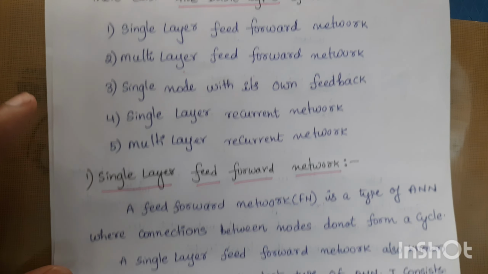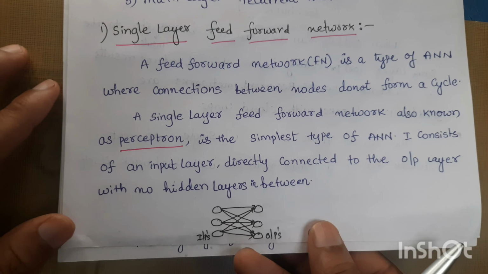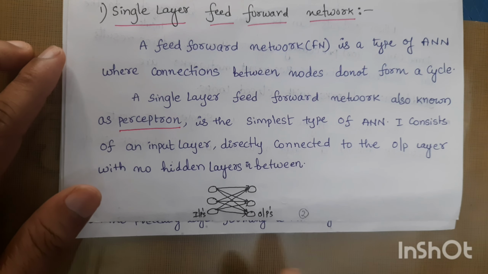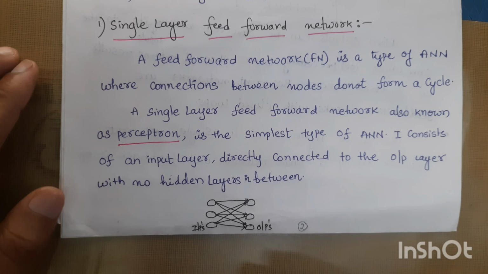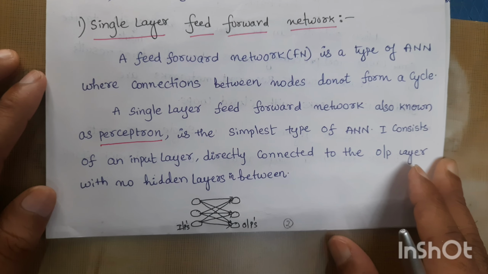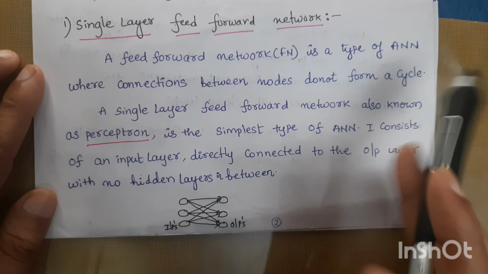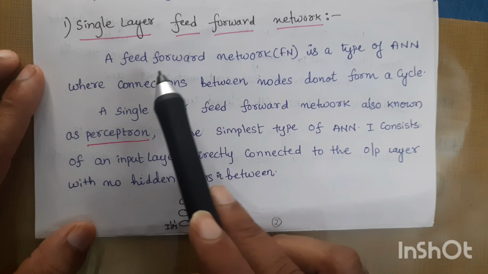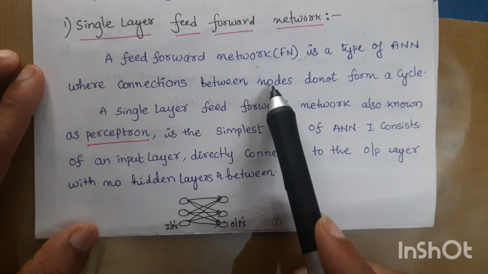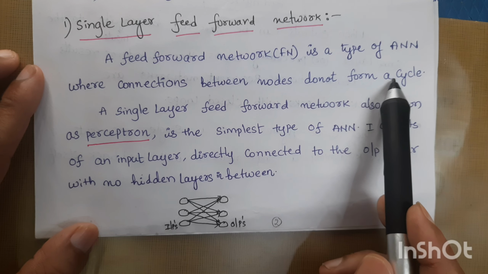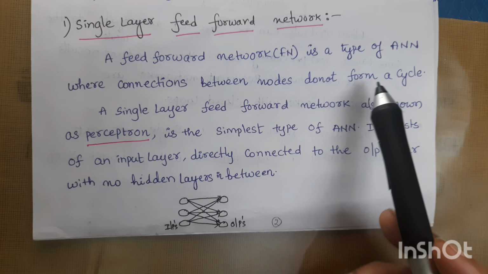So let me explain one by one. What is this single layer feed forward network? A feed forward network is a type of ANN where the connections between nodes do not form a cycle.